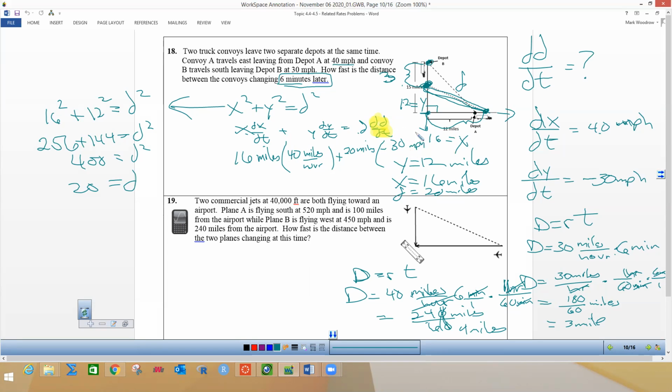Oops, let me put miles over hours. And then I'm going to erase this so we can see it better. And then I got d that I got to stick in there, and d is right there, 20 miles. And then this is dd/dt.